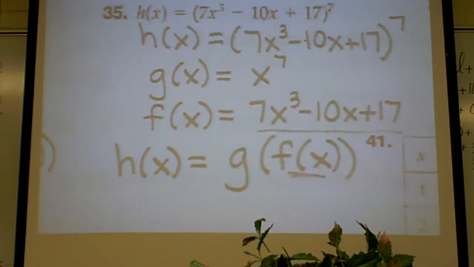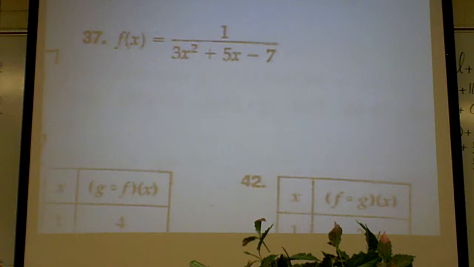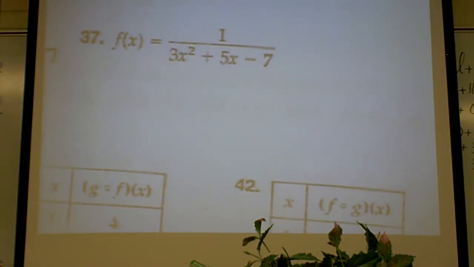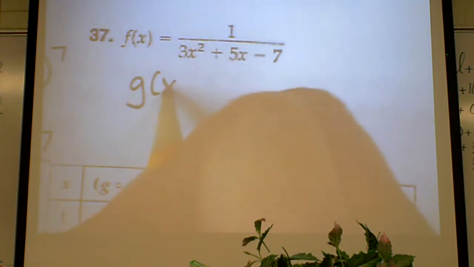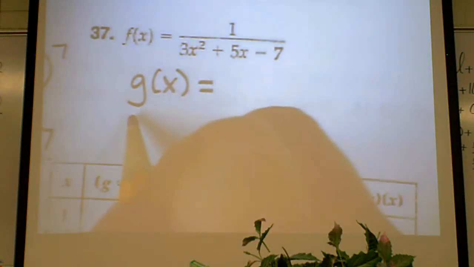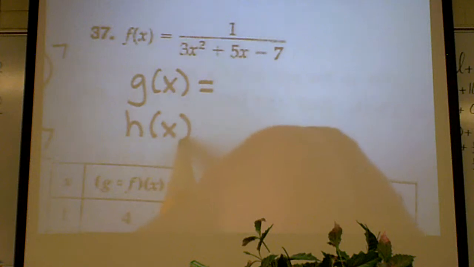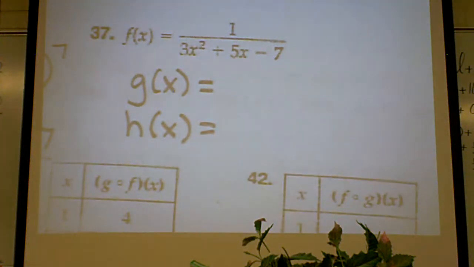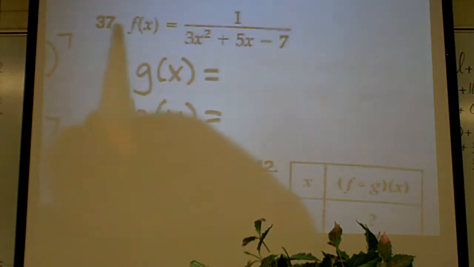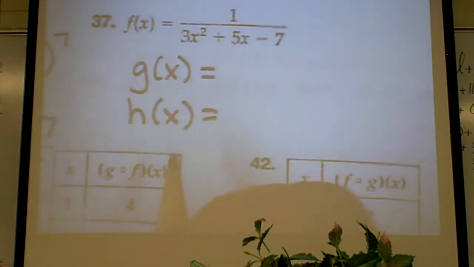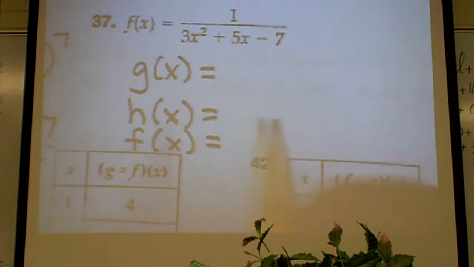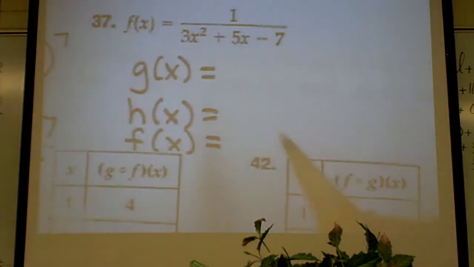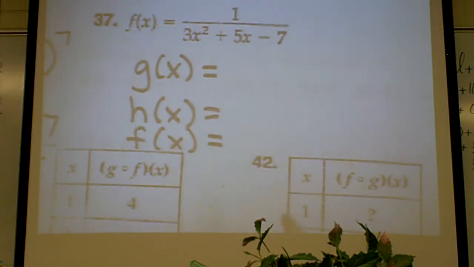Yes. Last one, see how many of you can do this one on your own. Give me a g of x. Give me an h of x. I want you to split this up, and then I want you to tell me what f of x is. What do you want to call g of x? 1 over x.